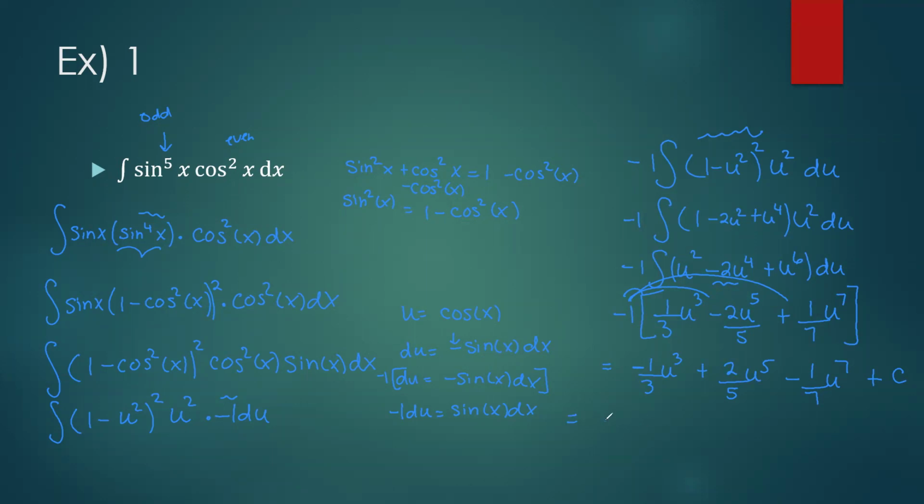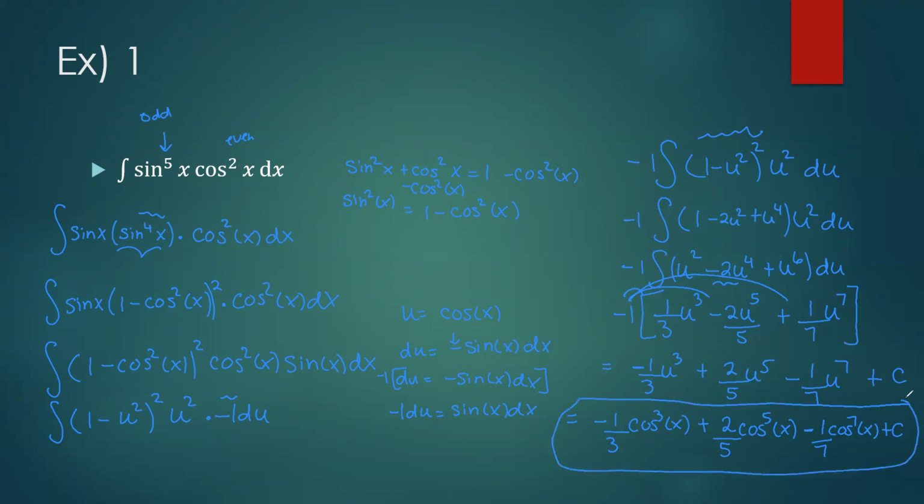So our final answer is going to be negative 1/3 cosine cubed of x plus 2/5 cosine to the 5th of x minus 1/7 cosine to the 7th of x plus c. And that's your final answer.